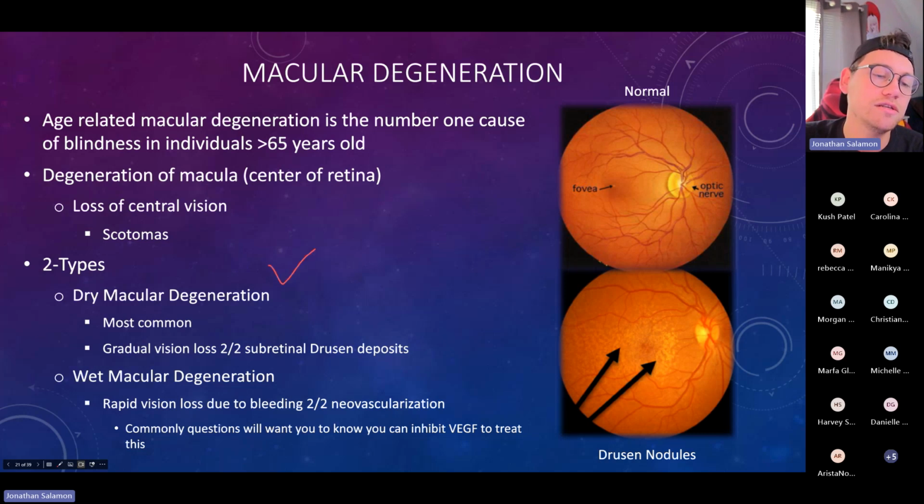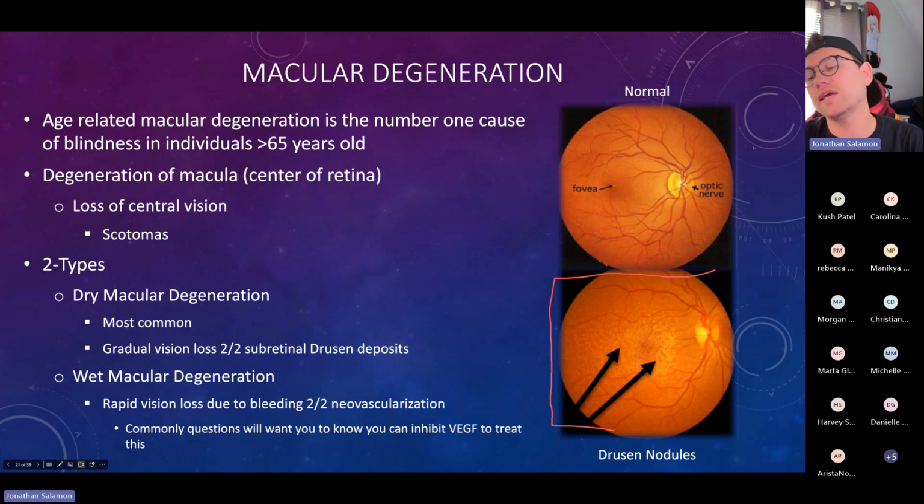So anyways, dry macular degeneration, you need to know that you'll have drusen droplets. Also, unfortunately, listen, you can answer every single question without knowing these pictures. However, you can also answer every single question basically knowing these pictures.